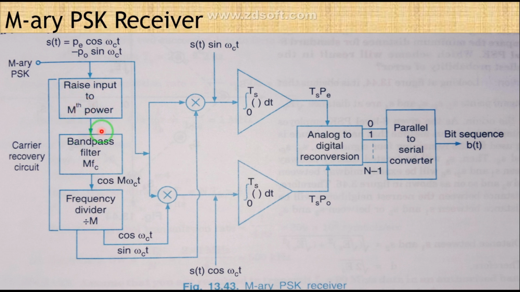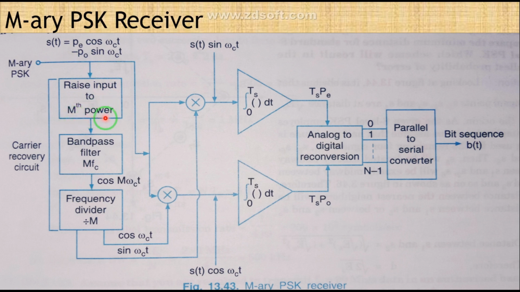It will require a device which can raise the received signal to the Mth power. See, this M-ary PSK has been given to the input of this block, which raises the received signal to the Mth power.